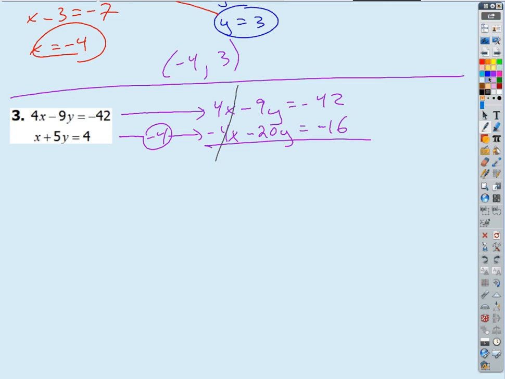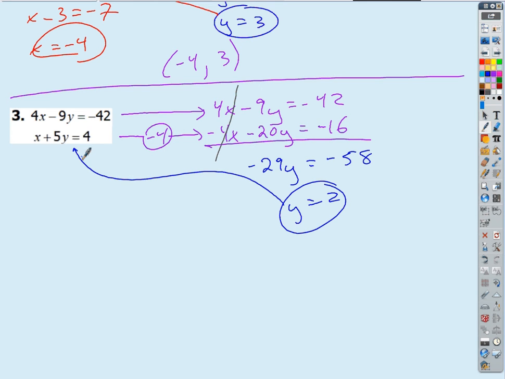So when we add those up, what do we get? Negative 29y equals negative 58. So what's y? 2. If y equals 2, how about if we plug back into that bottom equation? It's got small coefficients.